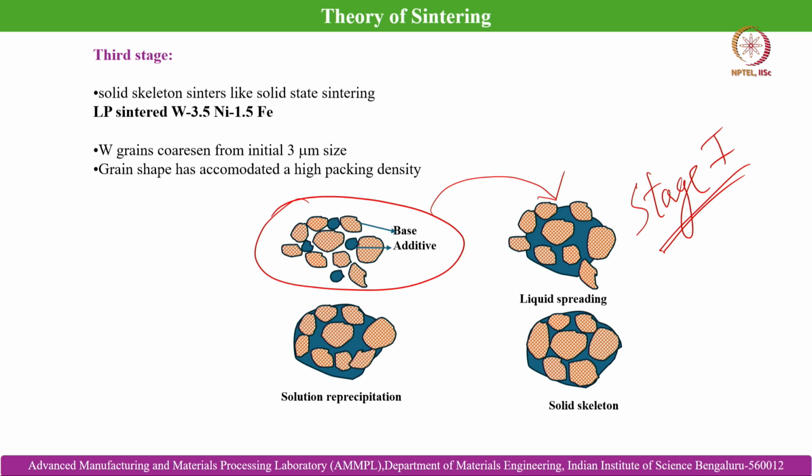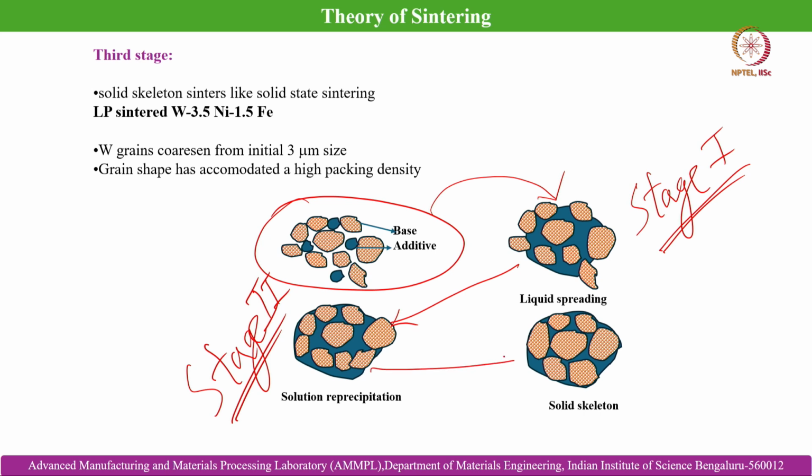Then this is stage 2, the stage when solution reprecipitation is happening, which is dominated by Ostwald ripening. From here it goes to the third stage, when the interparticle contact is getting established, and the solid skeleton is formed, primarily governed by the principles of solid state sintering.